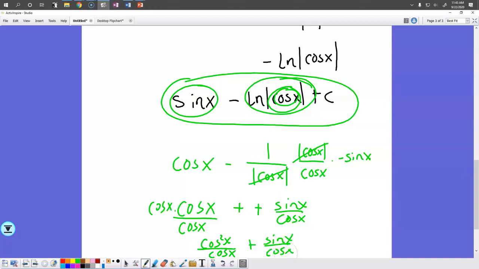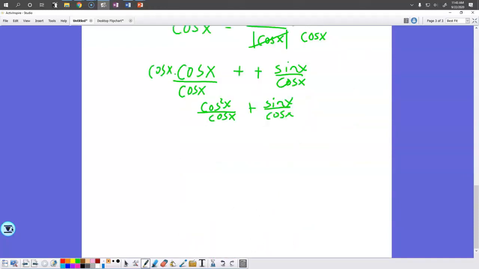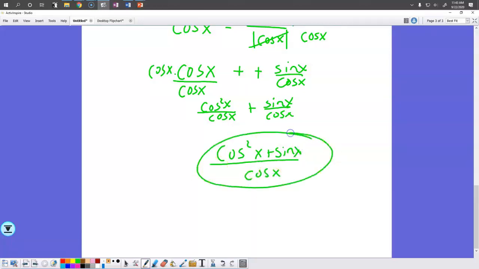You don't have to do this, by the way. I'm just showing you guys how you can check your work by working backwards. And then combining them because they have the same denominator. And we're right back to where we started. So when you take the derivative, it should take you right back to the original problem. If it doesn't, then something went wrong with your integration process along the way.